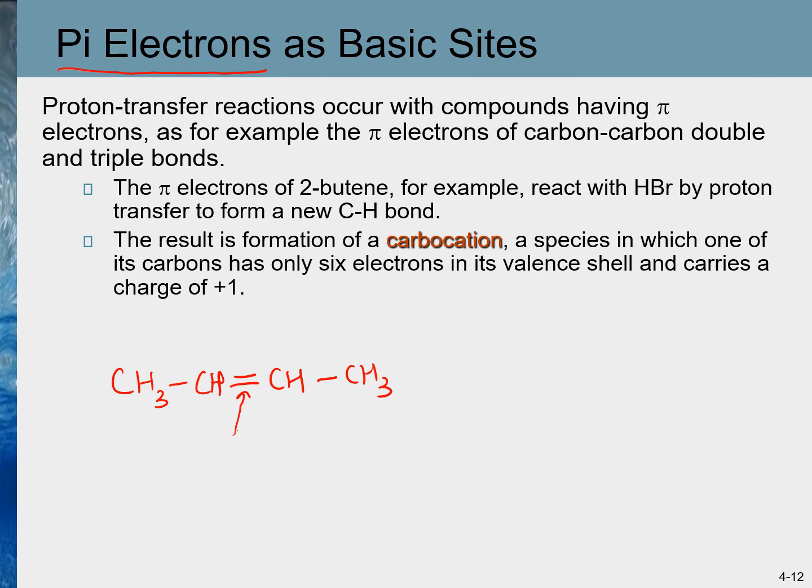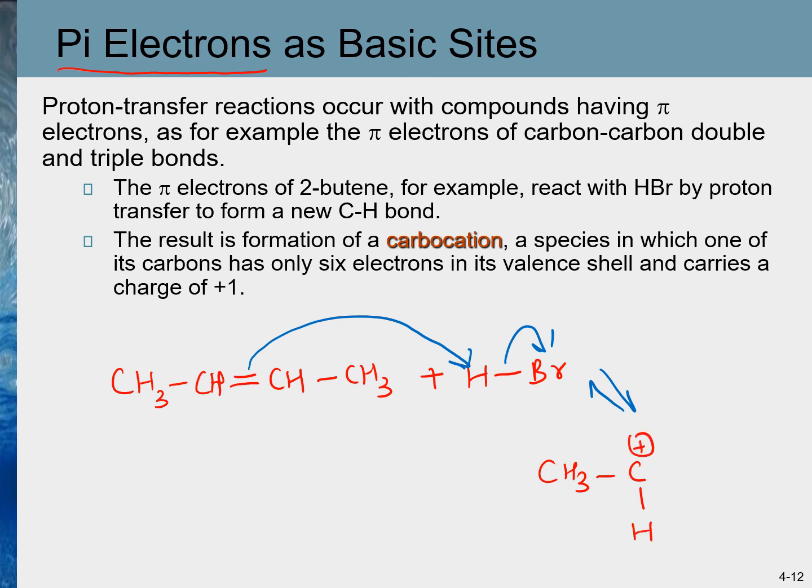So when alkenes react with a strong acid such as HCl, HBr, HI, or sulfuric acid, it will accept a proton where pi electrons are used to create a new bond with the proton, and the resulting product, let me use a different color.